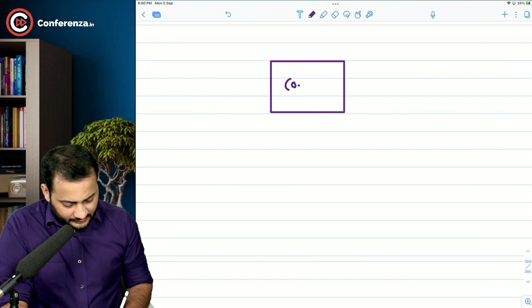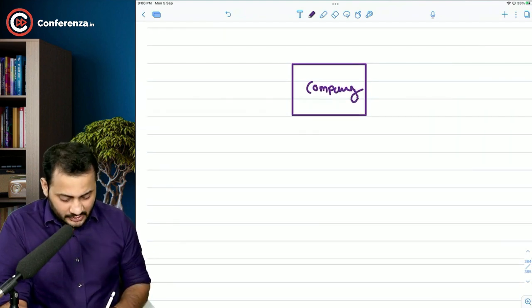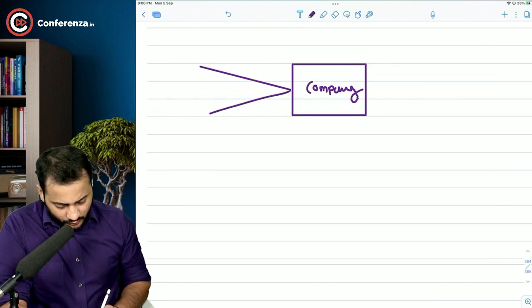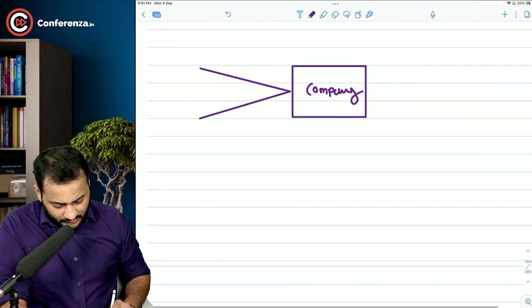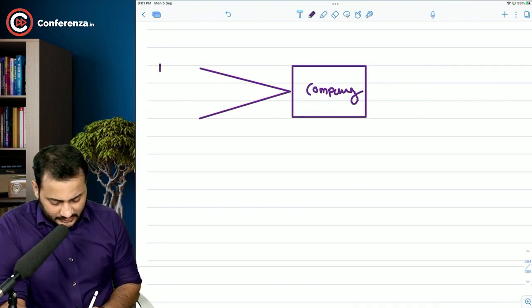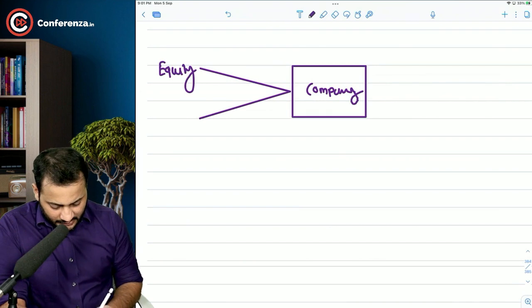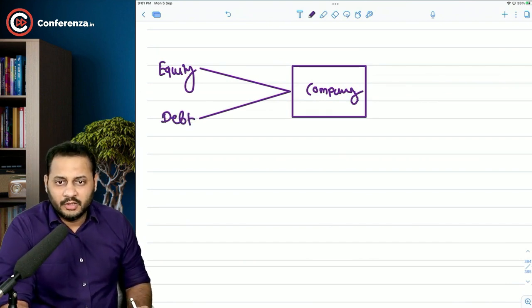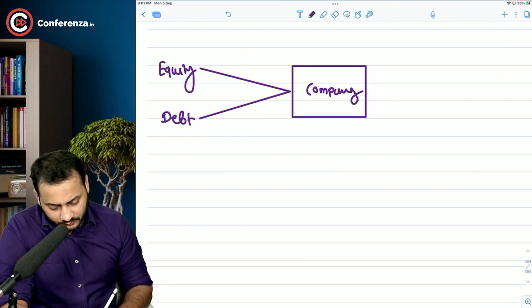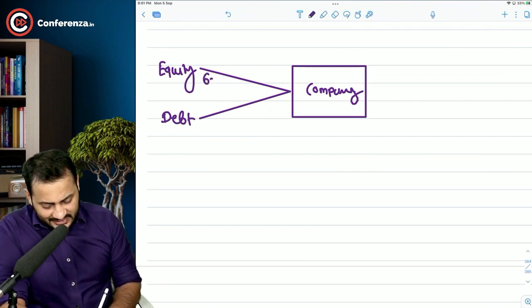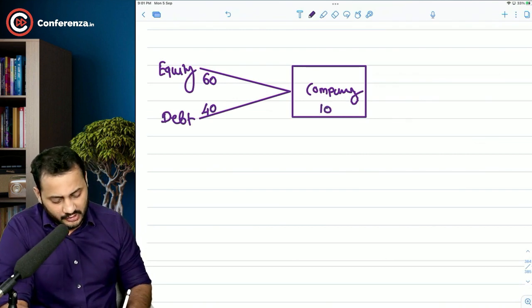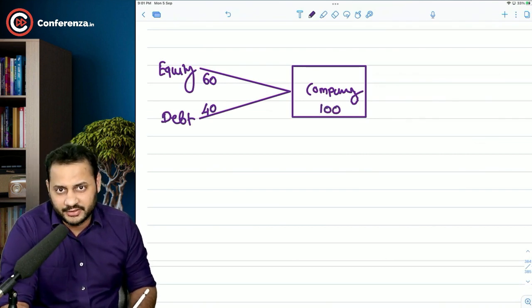The very first thing is that the company needs funds, and the company will ask for mostly two types of stakeholders, that is equity and debt, loan, etc. Now let's assume that the equity party has given 60 crore rupees and debt holders have contributed 40 crore rupees. So in total the company has 100 crore rupees of funds.